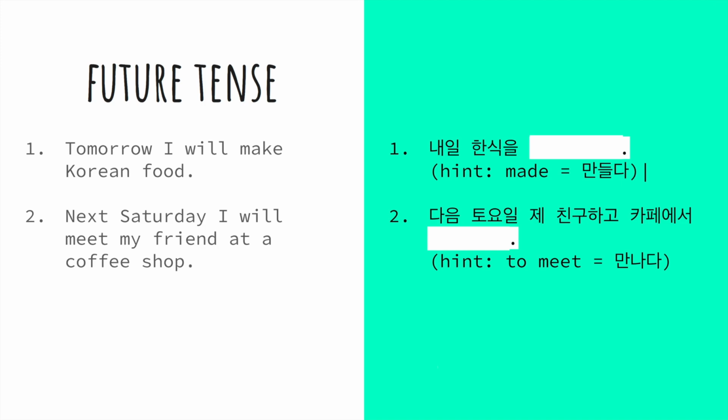Here are the answers. Tomorrow I will make Korean food. 내일 한식을 만들 거예요. Next Saturday I will meet my friend at a coffee shop. 다음 토요일 제 친구하고 카페에서 만날 거예요.